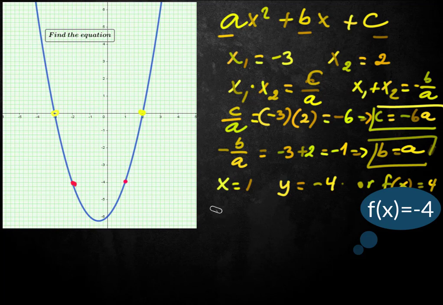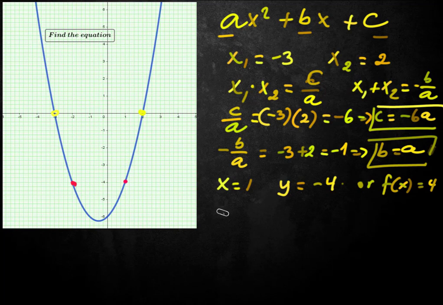All right. So we say that ax squared plus bx plus c. Now we plug in x. So a times 1 squared plus b, which is equal to a, so a times 1, and c is equal to -6, so minus 6a.